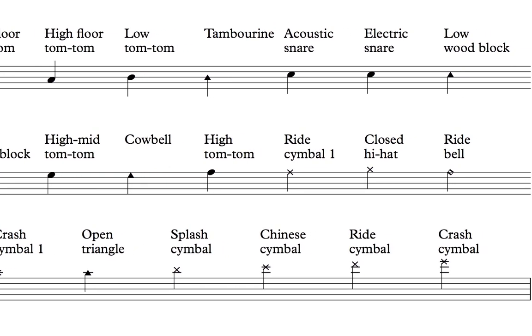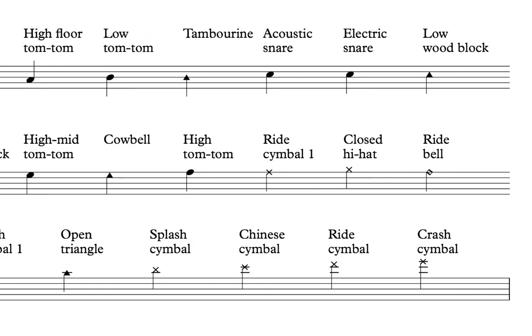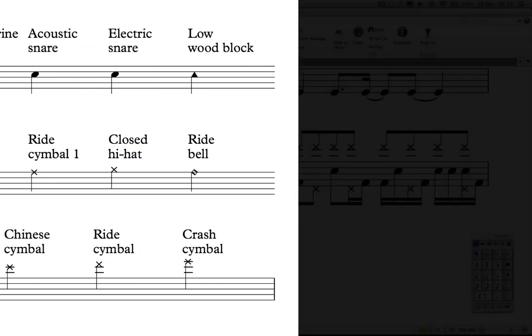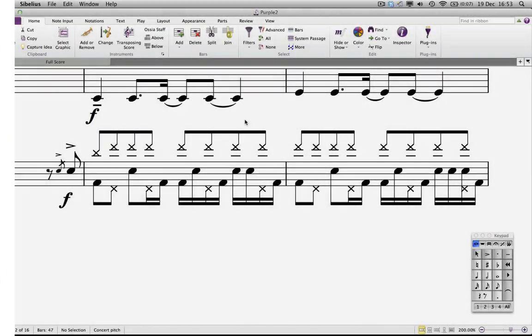To make it easy to see the different rhythms for each instrument in the drum kit, voices are used. The word voices in this context refers to the fact that some notes can have stems pointing up and some can have stems pointing down, so that two independent rhythms can be read at once on the same staff. Again, music publishers vary exactly which instrument should be written in which voice, but it will be similar to the parts that you'll create here.